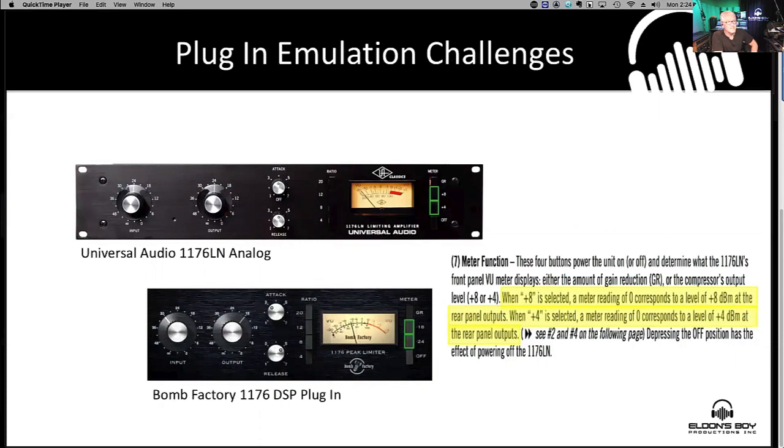Wait a minute, the numbers don't really add up here, right? And then of course you had the added challenge in 1176 land of looking at +4 or +8 dBm as a reference point, right? One of them is a broadcast standard, the other is just a standard audio standard.